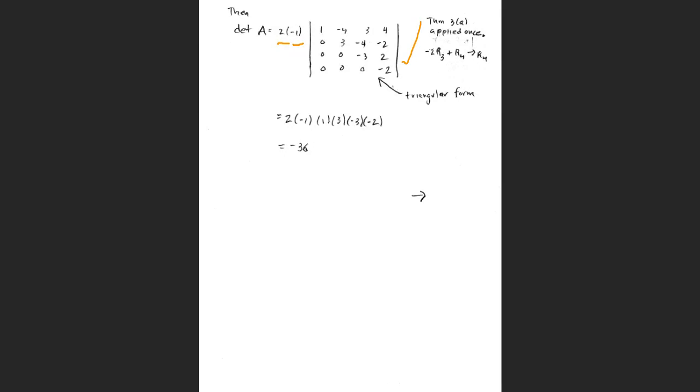And so the determinant then is just going to be the product of those diagonal entries. And we actually saw that in an example, right? We just saw that in an example.